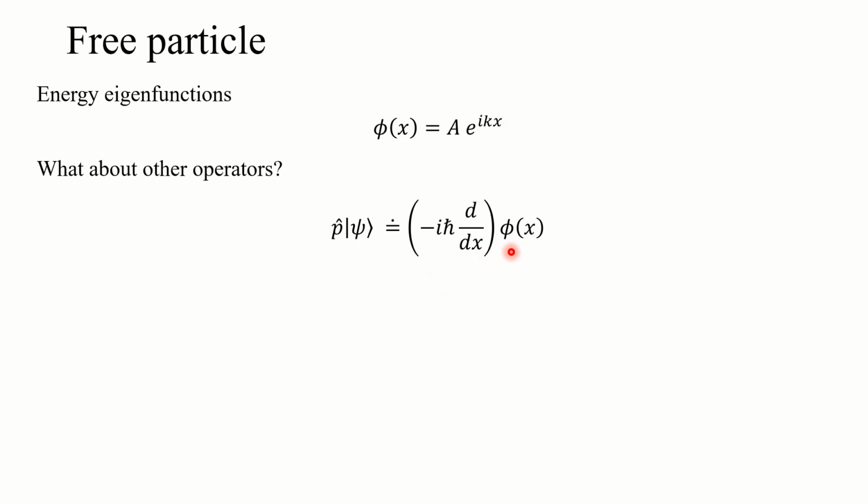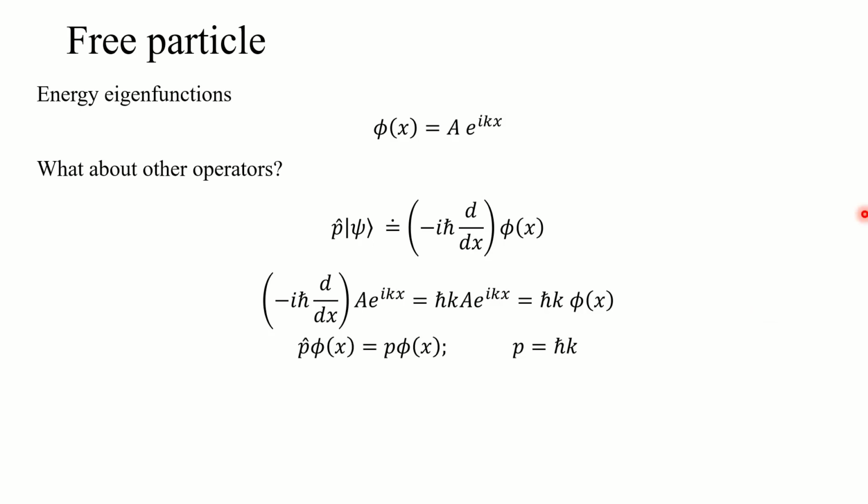If we operate on that energy eigenfunction with this, we can all take derivatives. So we bring that ik down. The negative i times i gives us plus 1. So we have h bar k times a e to the ikx, or h bar k times that energy eigenfunction.